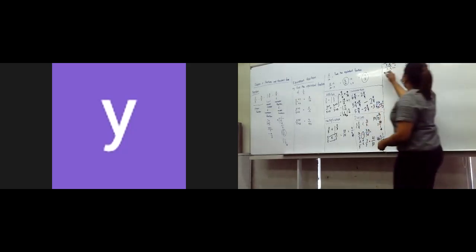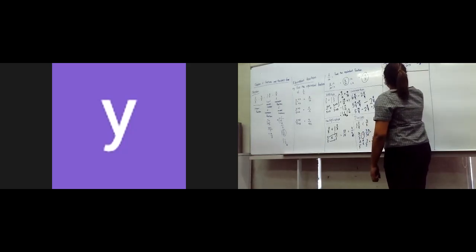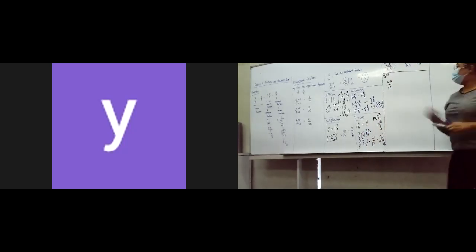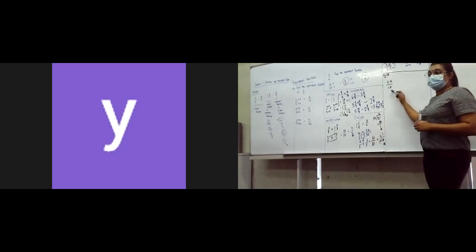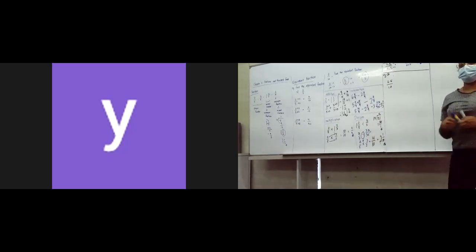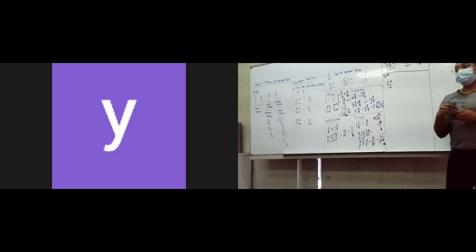Okay, example 2. 6.5 over 10. One is decimal, one is a normal whole number. What are you going to do with this? No matter what, you have to change it to a whole number.